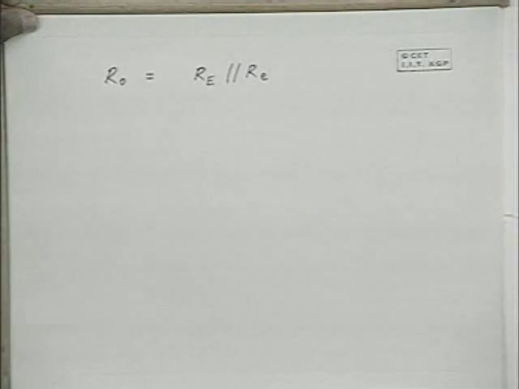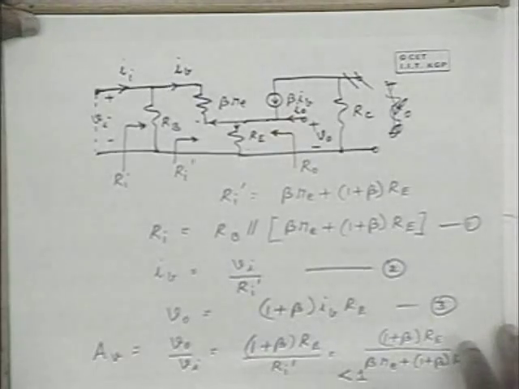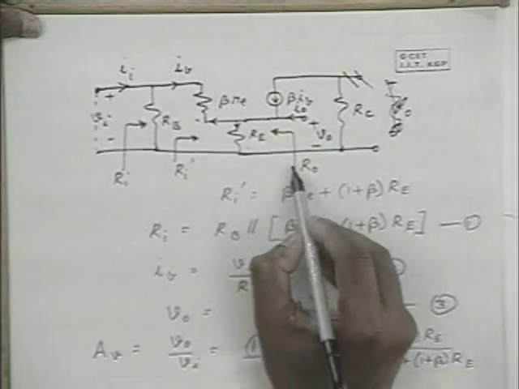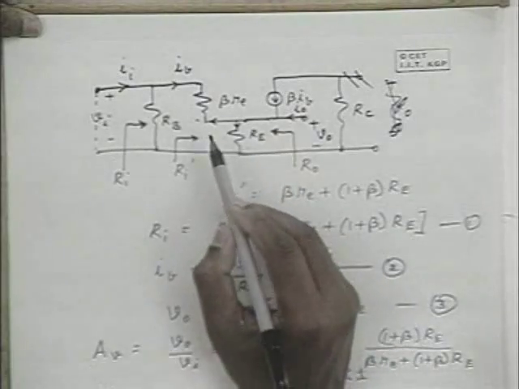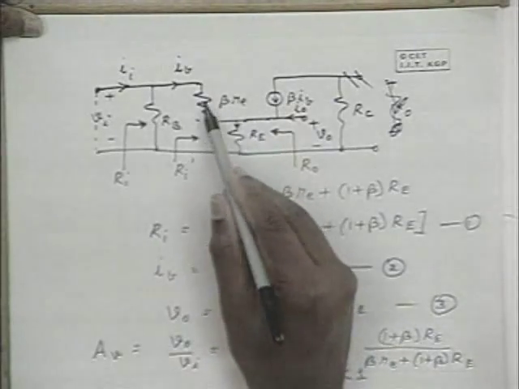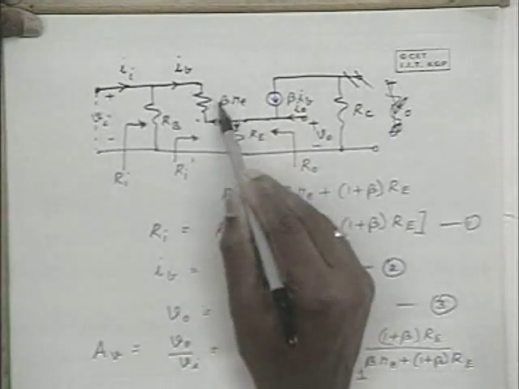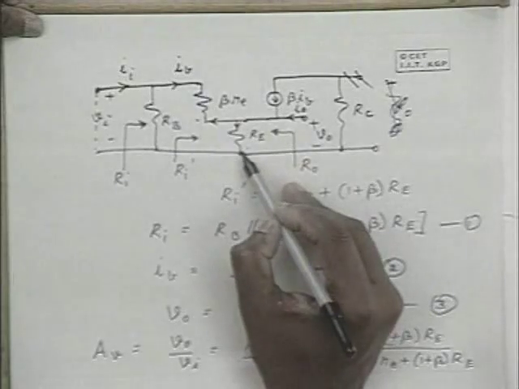So that is the primary advantage of the emitter follower circuit. It offers high input impedance and very low output impedance. So here the impedance is very low. So this is equal to this RE in parallel with this beta RE divided by beta. The division by 1 plus beta is coming because of this current source.